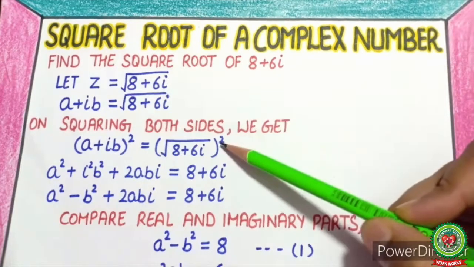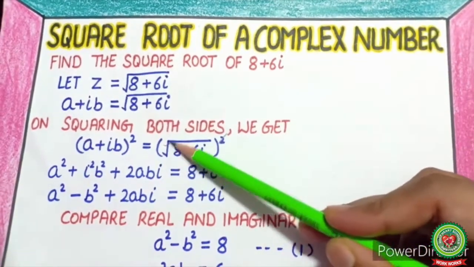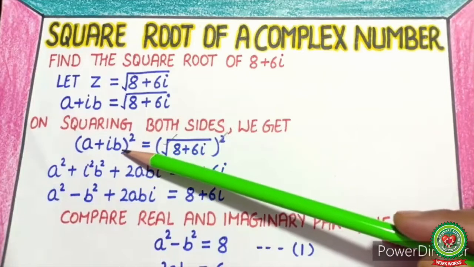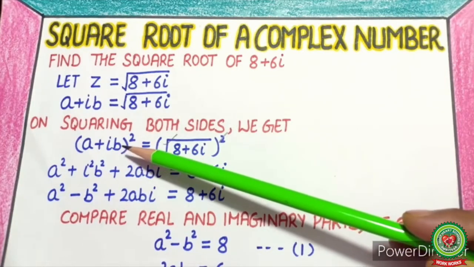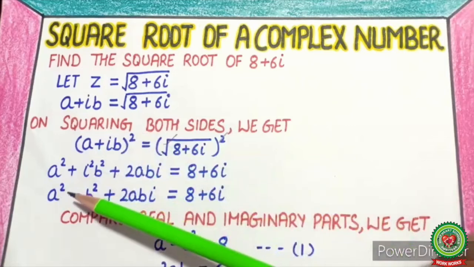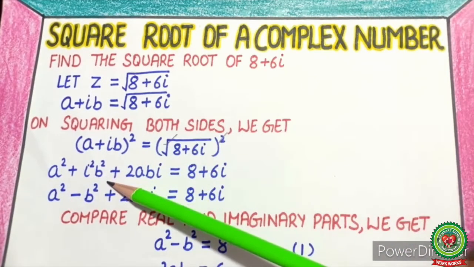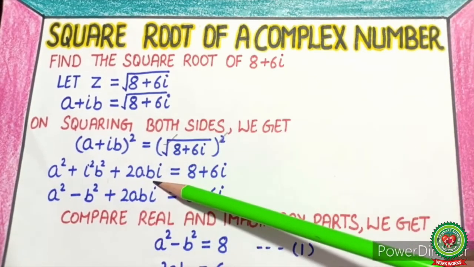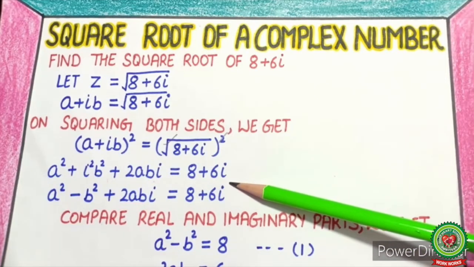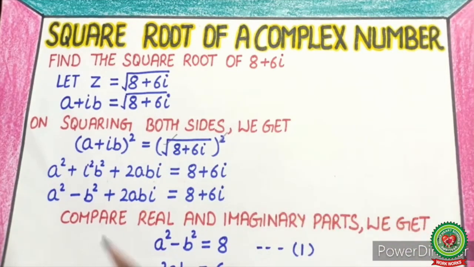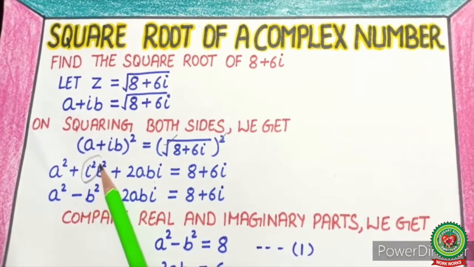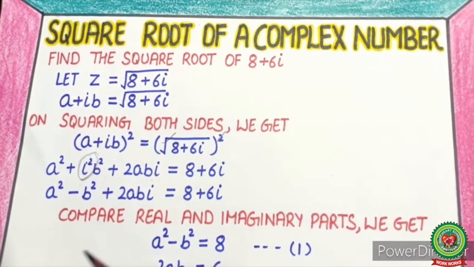Now from here, square and square root are finished. After this, we apply the formula of a plus b whole square, which is a square plus b square plus 2ab, equal to 8 plus 6 iota. As we know, the value of iota square is -1.